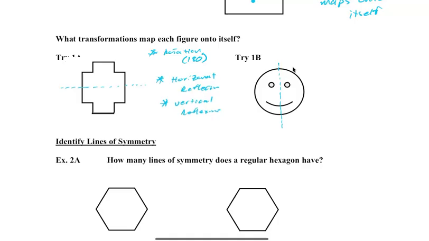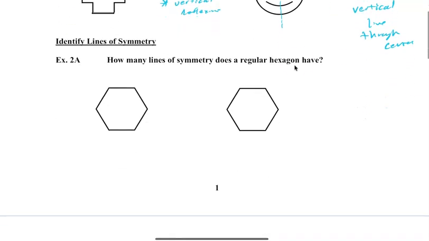So it does have reflection symmetry over a vertical line through the center.